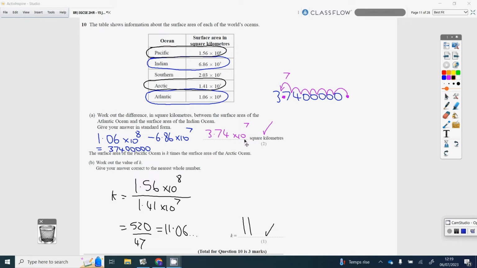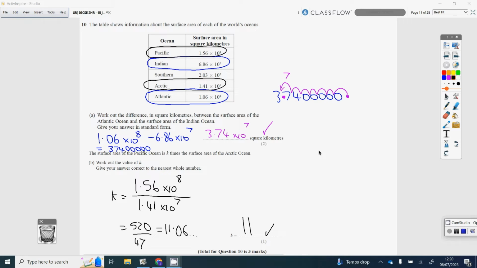And the power is going to be a positive number because this is a big number. So to get the power, we've got to consider the number of hops that the decimal point makes. So it's starting off at the end of the number, and it's got to end up between the 3 and the 7. So just considering the hops the decimal point makes, 1, 2, 3, 4, 5, 6, 7 hops. So 3.74 times 10 to the 7.